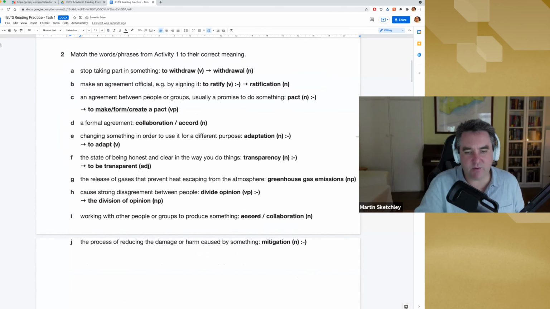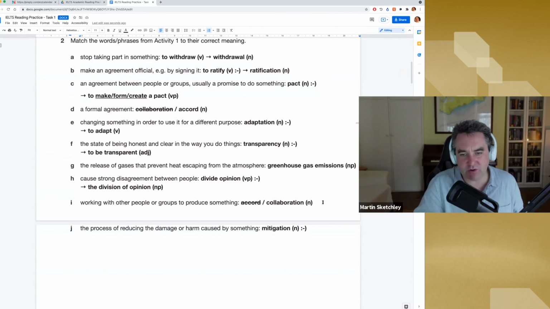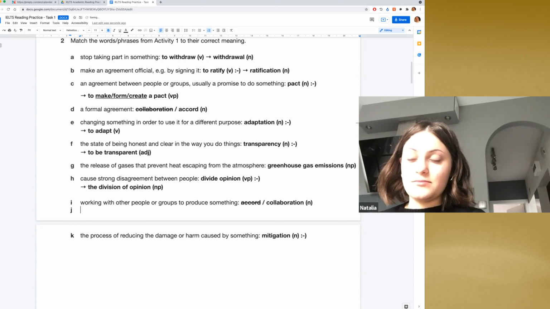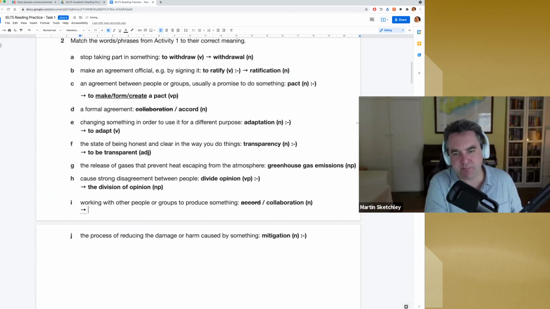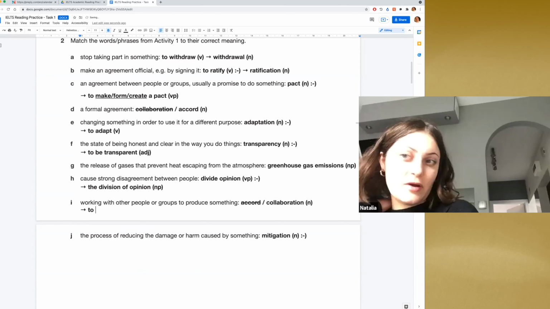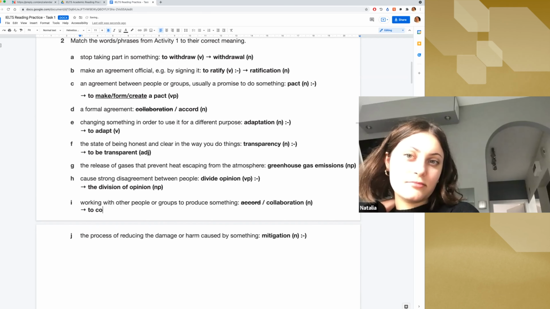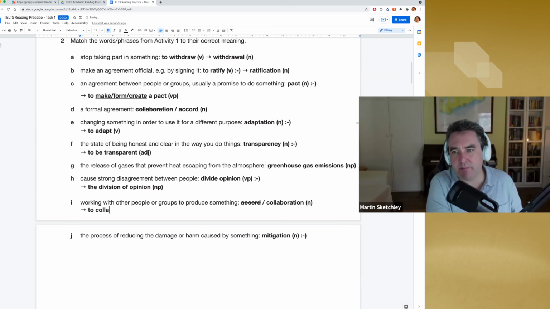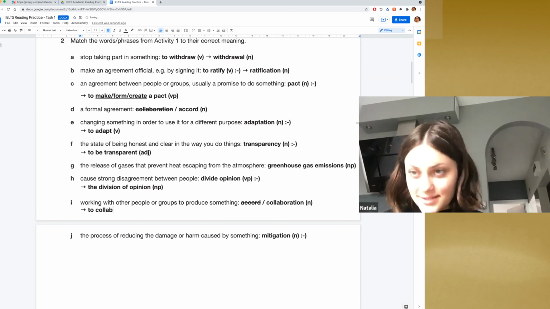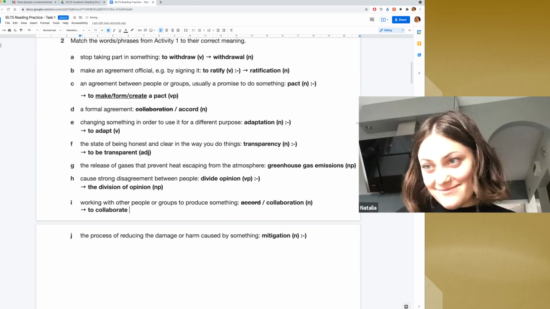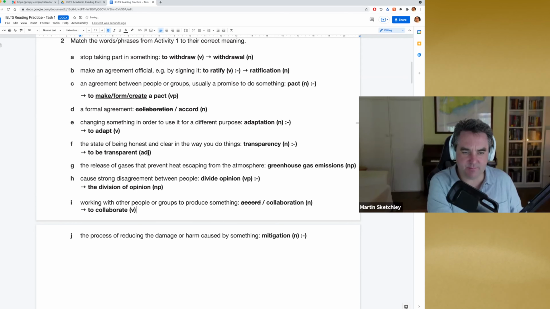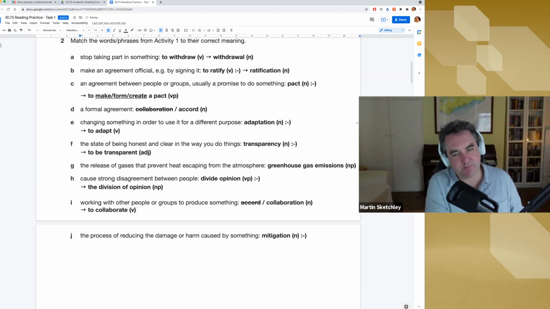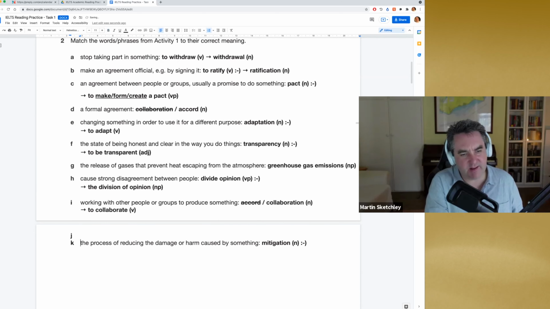Okay, and then we've got collaboration. Can you think of the verb? To collaborate. Yeah, to collaborate. Mitigation here is a noun. What would be the verb?